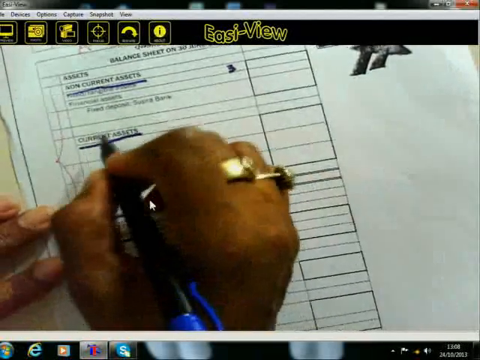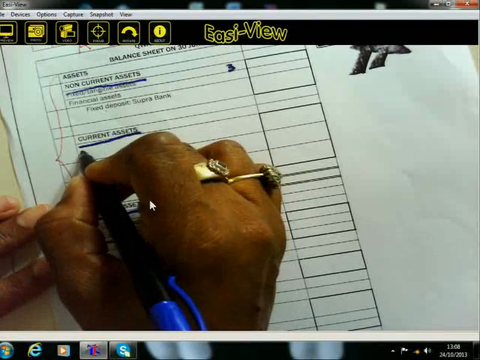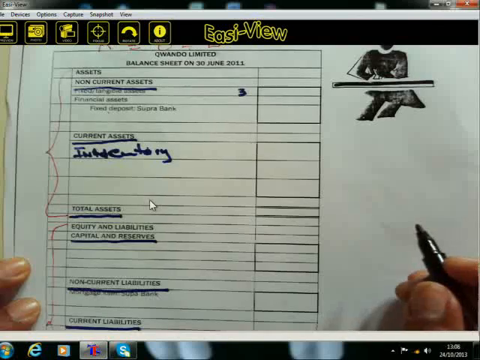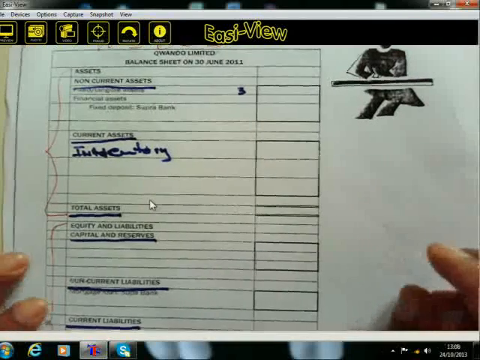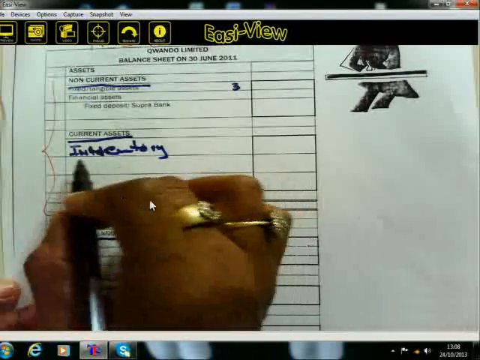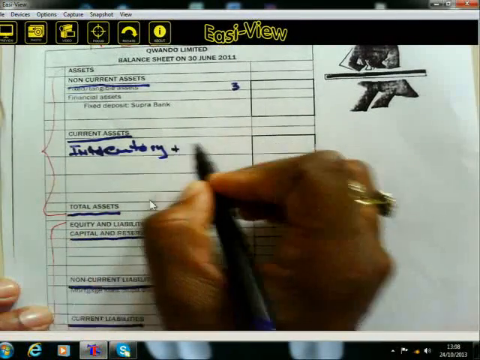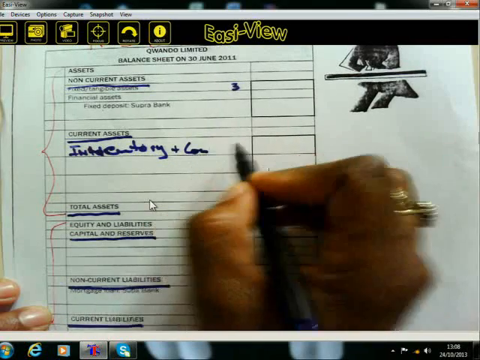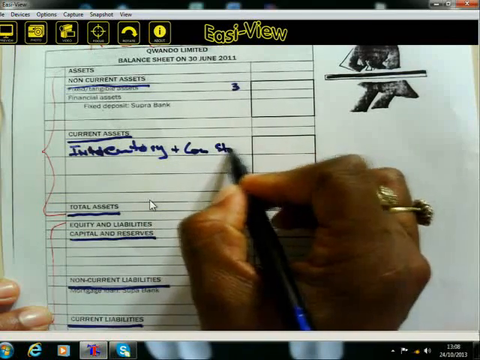Going back to our format, the inventory will be considered under current assets. Under current assets, you say the inventory plus consumable stores on hand.